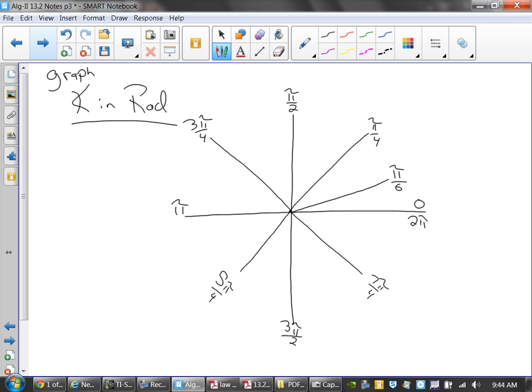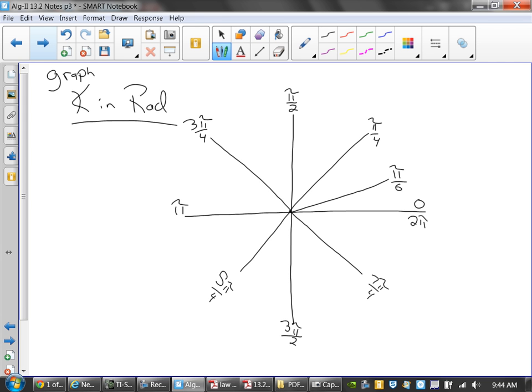Now, do you remember the shortcut for going up 30 degrees each time? Just what? What am I adding? A sixth. Yeah. Everything goes up from 30 degrees, it goes up 1/6. It's 1/6 of the circle as you go all the way around.